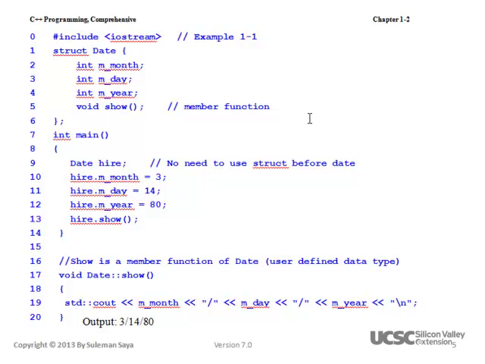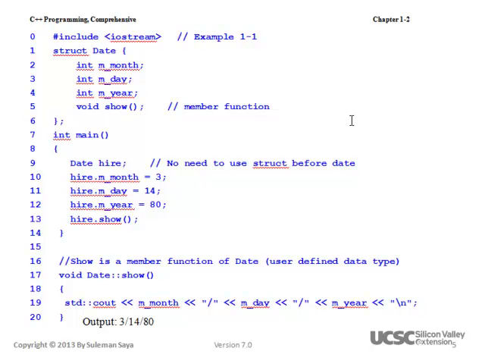It depends on the size of an integer on your machine. Just to simplify, I would say the size of an integer on my machine is 2 bytes. So when I create this object called hire, I allocate 6 bytes.